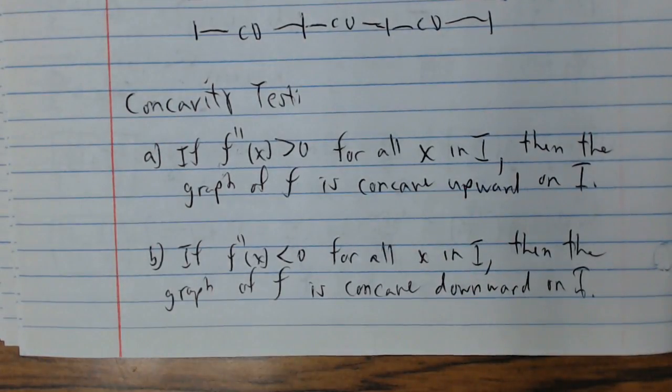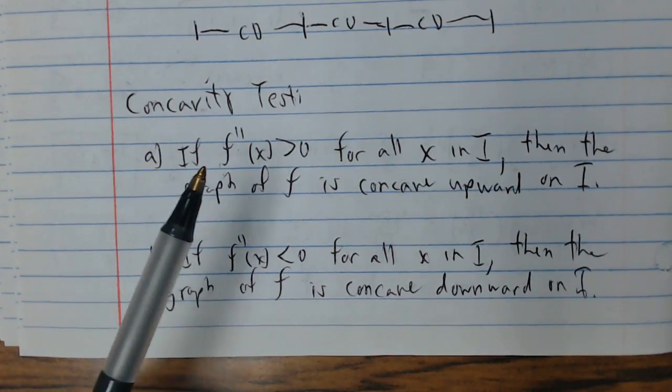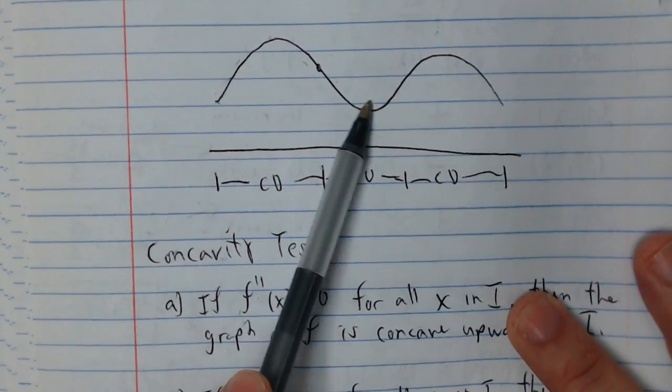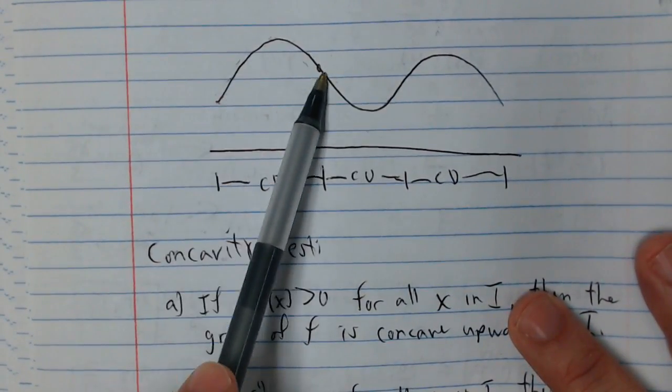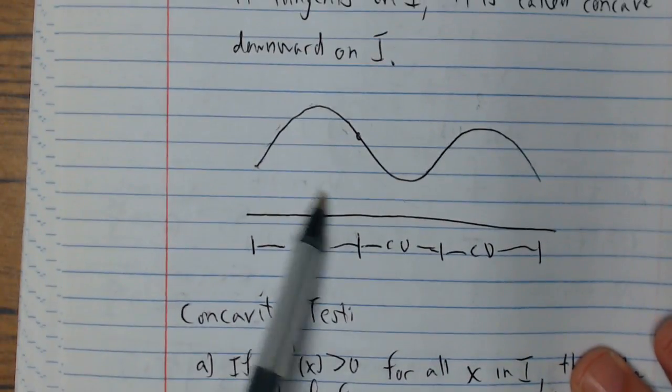Okay, so similar to the first derivative, the sign of the second derivative tells us about concavity. If the second derivative is positive, it should look something like this. If the second derivative is negative, then your graph looks concave downward. Just by looking at this, we would be able to tell.